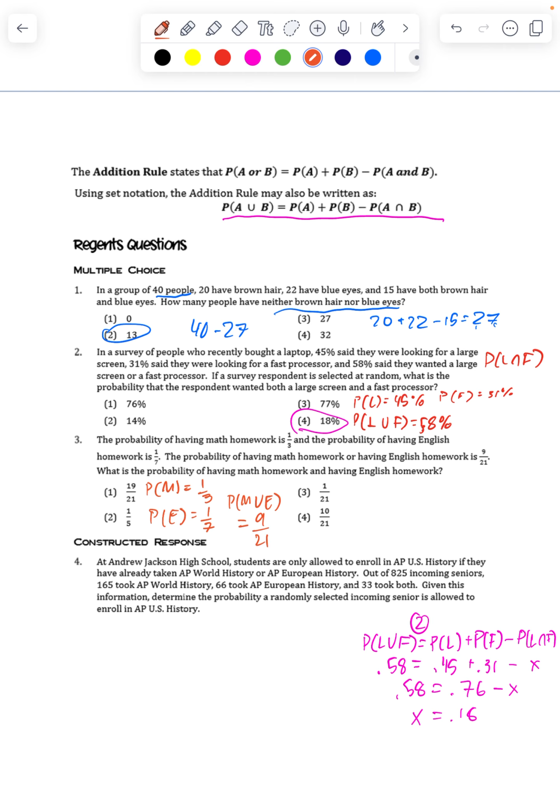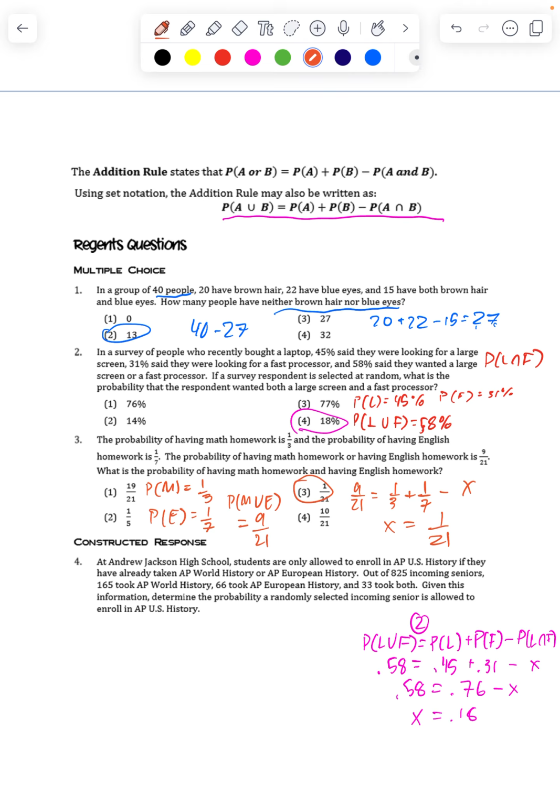All right, now we just set up the equation like last time. So we're going to say 9 out of 21 equals 1 out of 3 plus 1 out of 7 minus the intersection, which we don't know, so it's x. If you solve this, you're going to get x equals 1 out of 21, and that's the right answer.